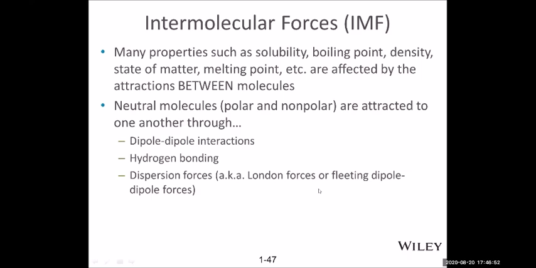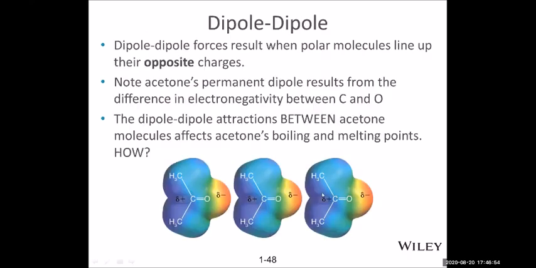First, dipole-dipole is between polar molecules. The polar molecules attract each other. It's very similar to 2 magnets attracting each other, because the south and north poles attract. For example, acetone, which we saw is a fairly polar molecule, attracts to each other.